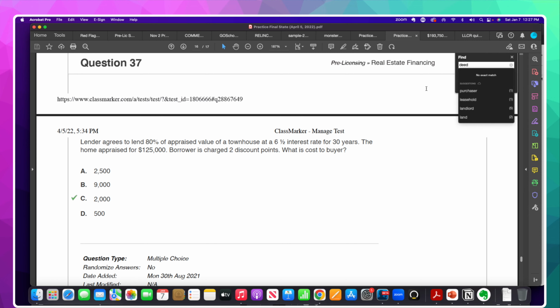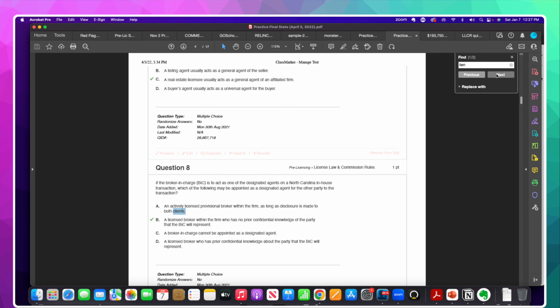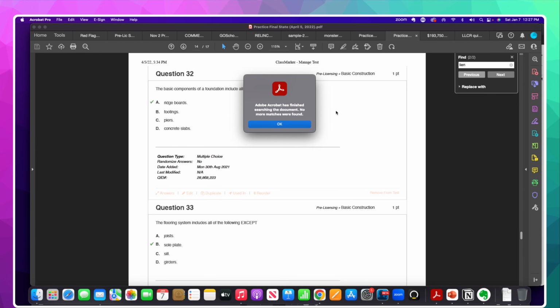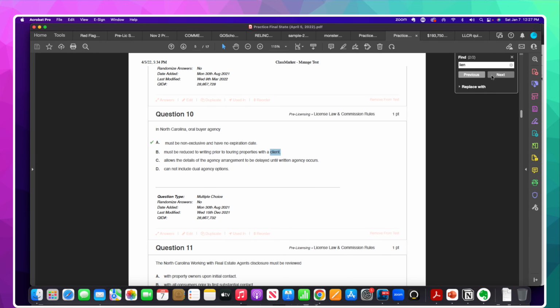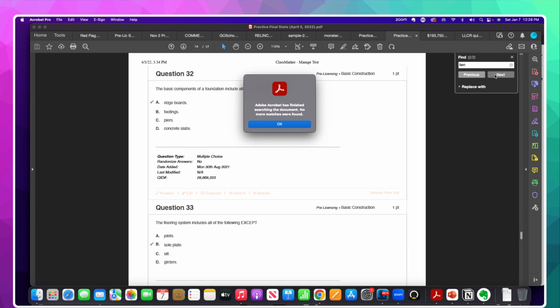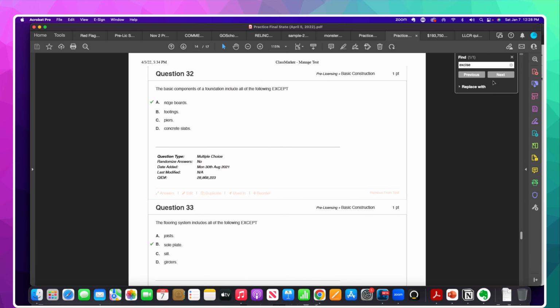What else did you say was on there? On the final state? Trying to do a search for words, see if it'll pop up. But I haven't found anything about liens yet. Just doing the word search.